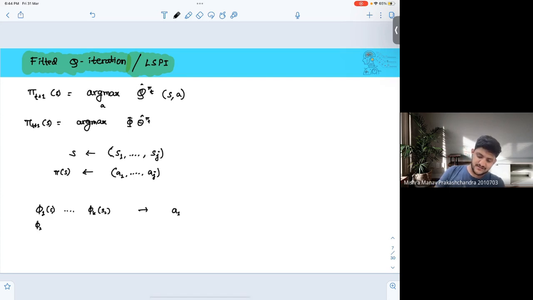Similarly, you have phi 1 of s2 dot dot dot phi k of s2, and this corresponds to your action a2. And so on till you get it for the jth state: phi 1 of sj dot dot dot to phi k of sj, and from there you get the corresponding aj.